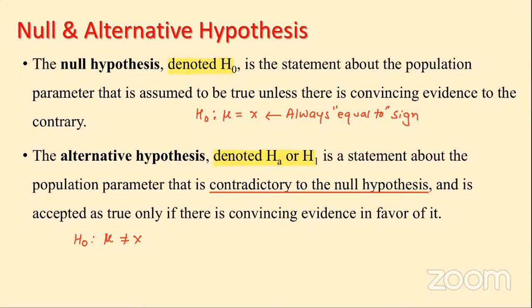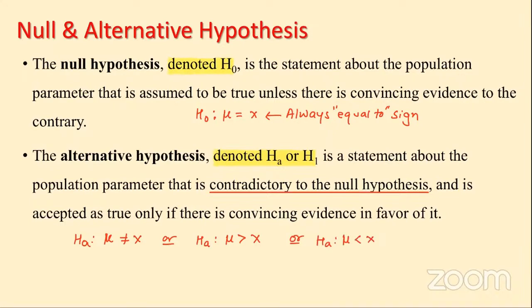Or we can also say the alternative hypothesis will have mean greater than x, right? It's equal to for the null hypothesis, so it can be greater than. Or the other possibility, now you can easily tell: less than. Mean is less than x.